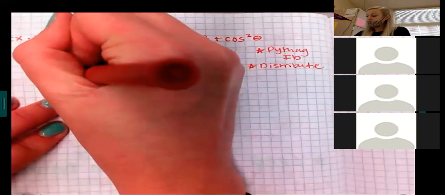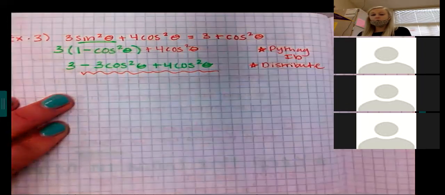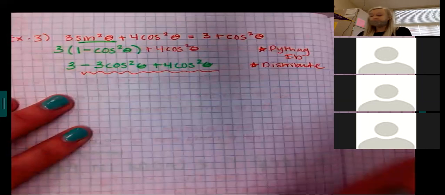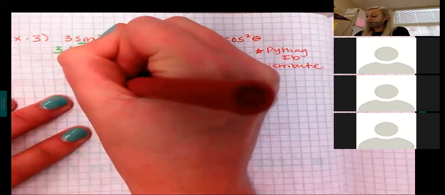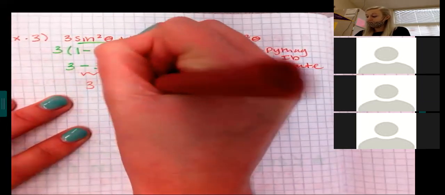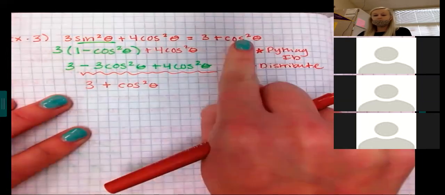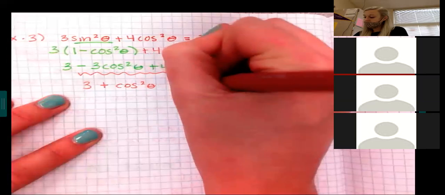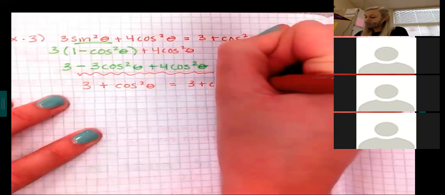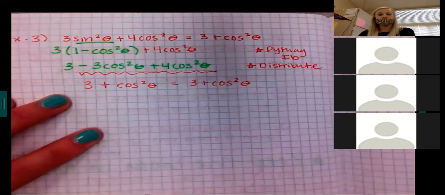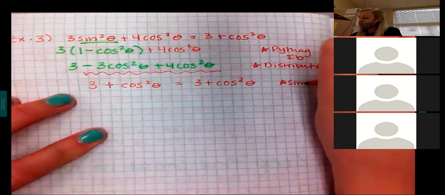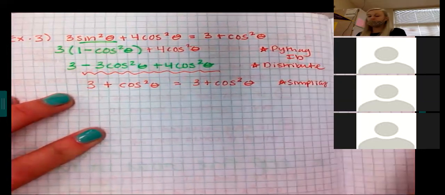Yes, ma'am. So negative 3 plus 4 is just 1. So it's just 3 plus 1 cosine squared theta. Isn't that what I was trying to get on the other side? 3 plus cosine squared theta.